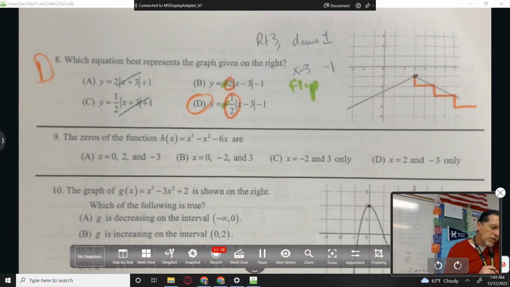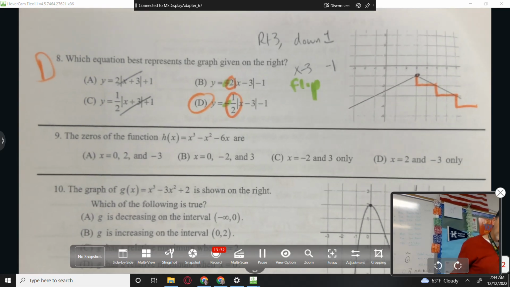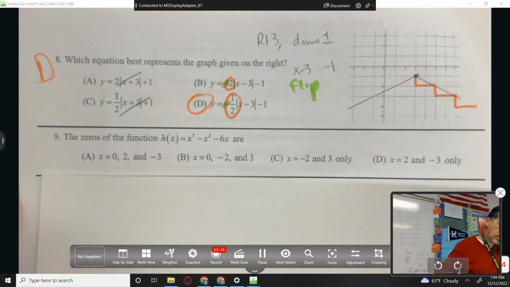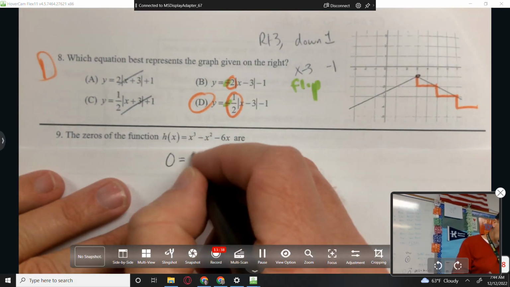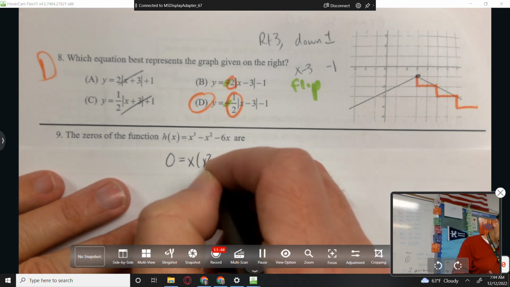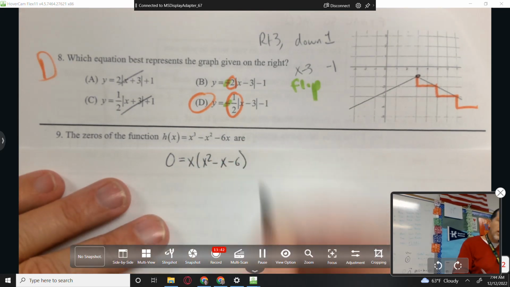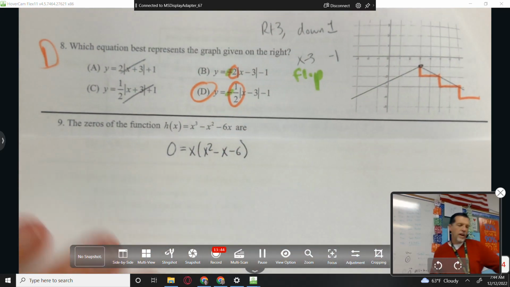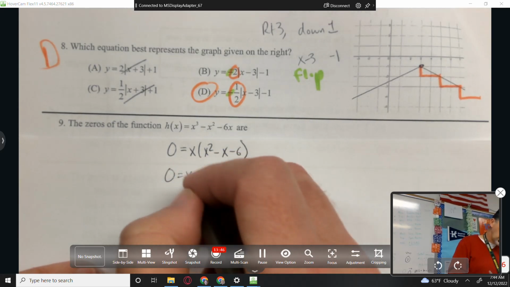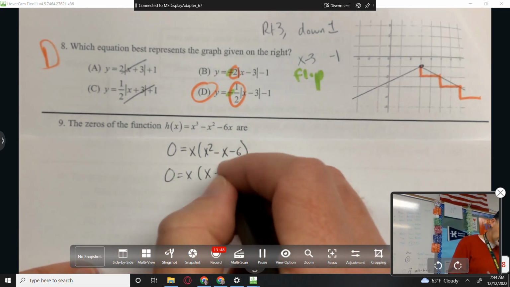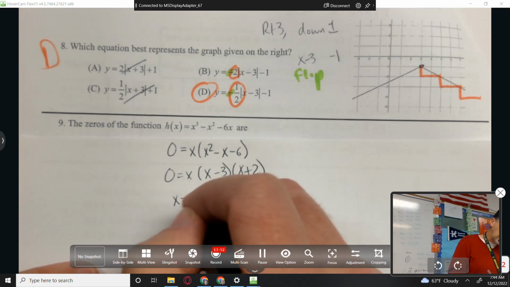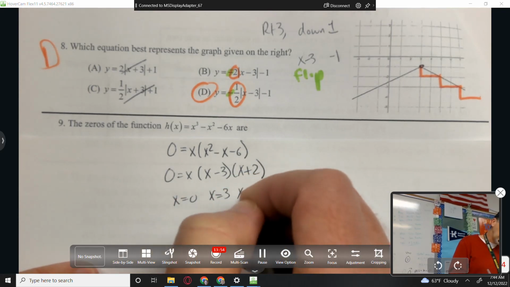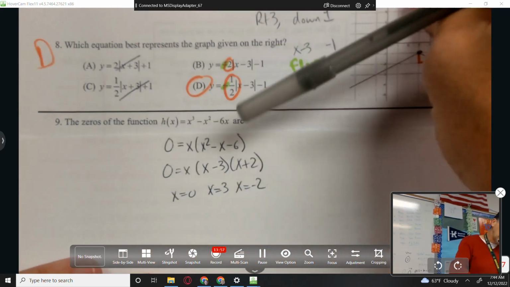Number 9, the zeros of the function. That means you set it equal to 0 to get the zeros. We can factor out an x, and then we can factor what's left. So we get x equals 0, x equals 3, x equals negative 2.